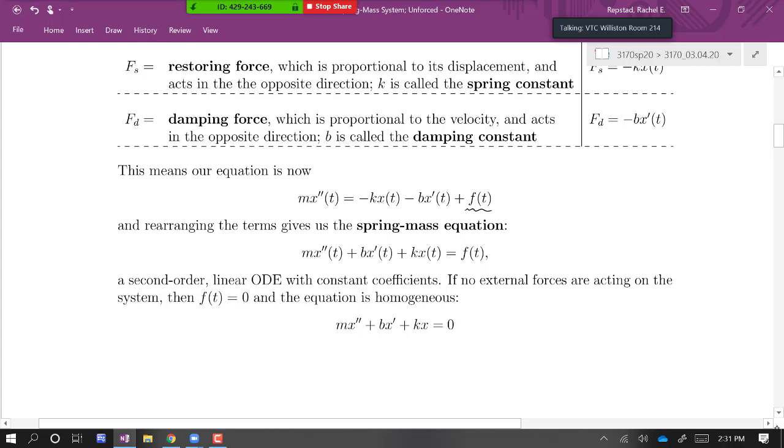If there are no external forces acting on the system, and in this section we're going to assume no external forces, then that f of t function is 0, and we have a nice homogeneous equation that looks like this.